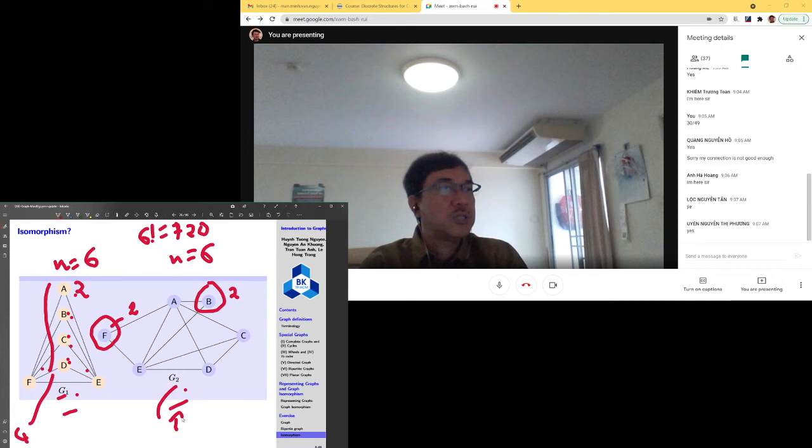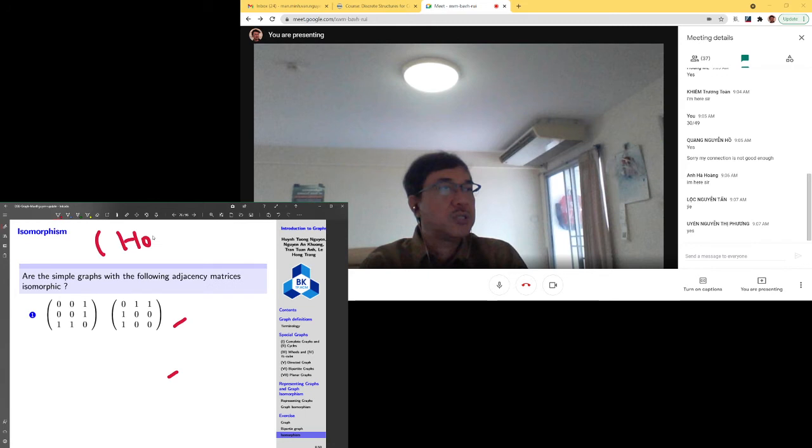You do this one yourself, I don't explain. The third example, we move on. There are more examples as exercises, homework for you to do yourself at home, to read the definition of isomorphism, to understand it, and to learn from solving these. In this exercise, which is interesting, I don't draw the graph but give you the adjacency matrices.